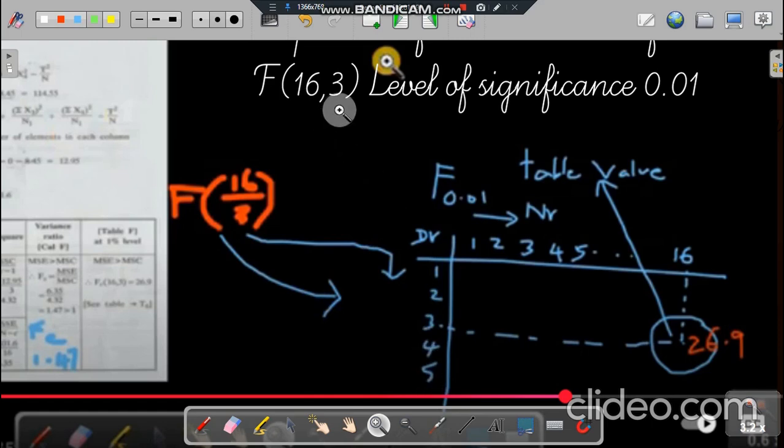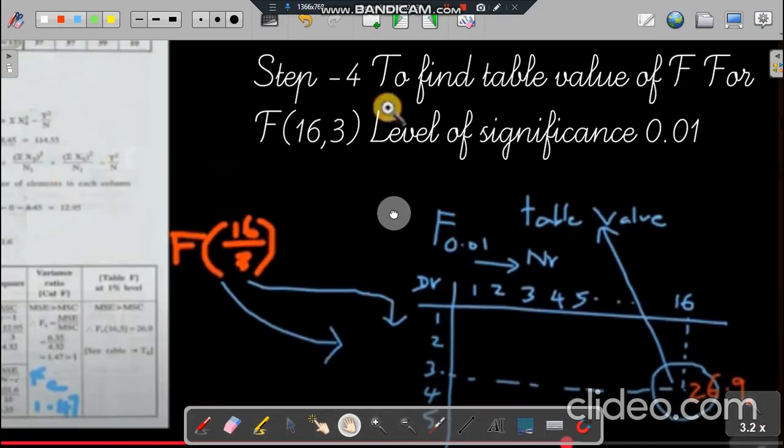So in our problem it is 16 in the numerator, so in this direction you are taking 16, and the denominator you have 3, so the intersecting point is 26.9. This is the tabular value. So we have found the tabular value as 26.9.